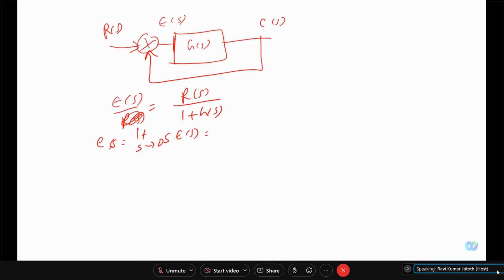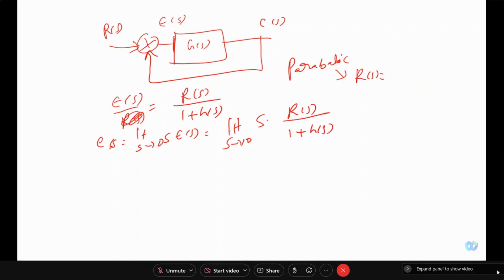Now the only input we consider is parabolic. So limit S tends to 0 of S E of S is R of S by 1 plus G of S. For a parabolic input, what is R of S? It is 1 by S cube.